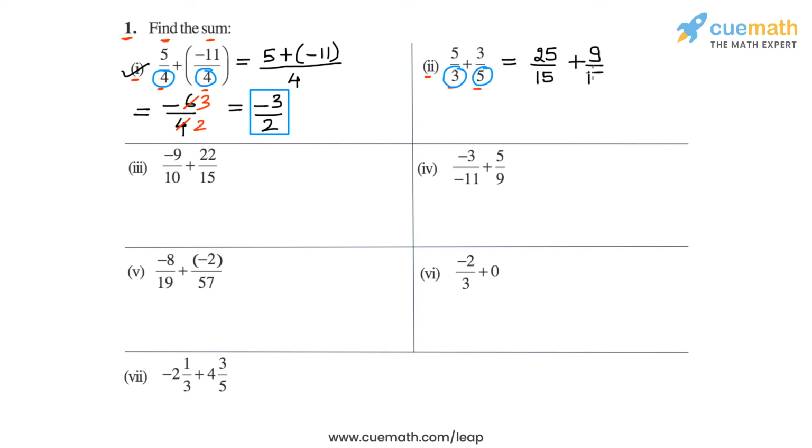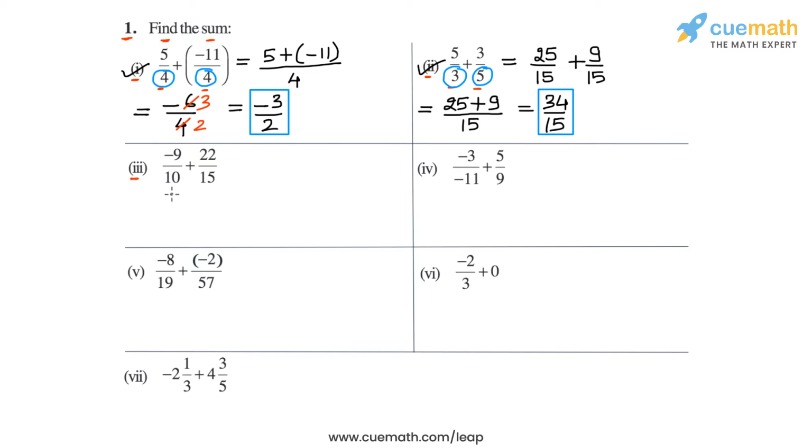So we get 25 by 15 plus 9 by 15. Now we add the numerators. So we get 25 plus 9 by 15, and 25 plus 9 is 34. So we get 34 by 15. So in part 2, the sum is 34 by 15. So this completes part 2, and now we come to part 3.